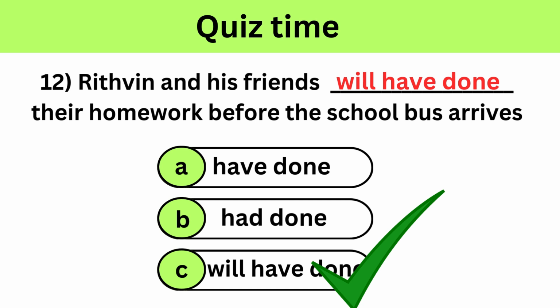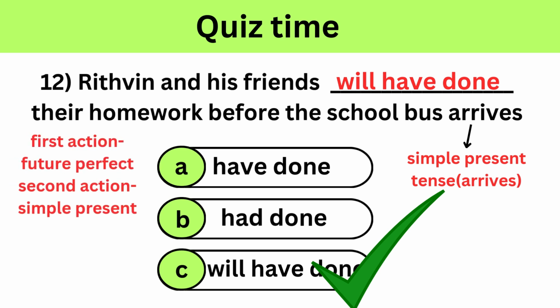Here we use will have done because the second action, the school bus arrives, is in the simple present tense, indicating a future event. Therefore, we use the future perfect tense. If the second action were in the simple past tense, as in the school bus arrived, we would use the past perfect tense, had done.